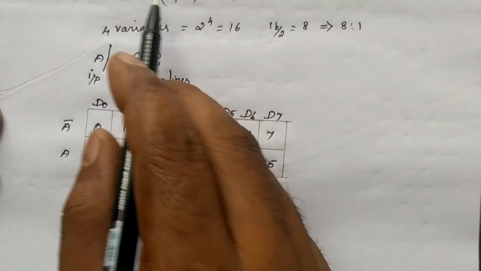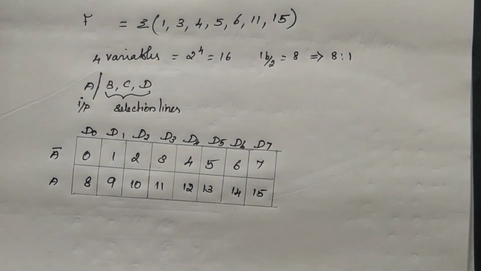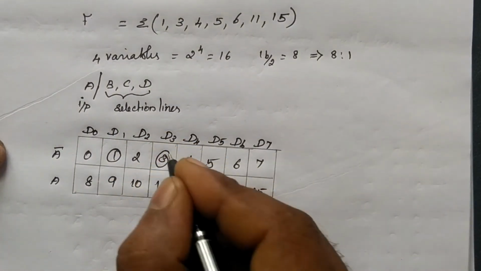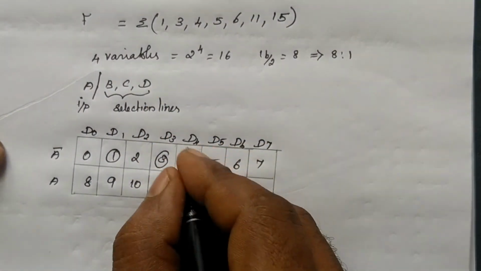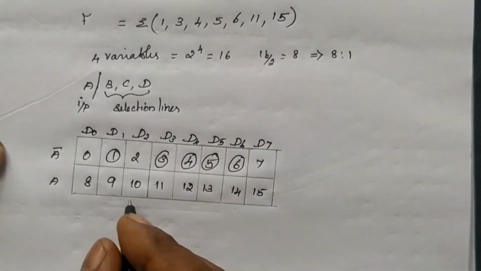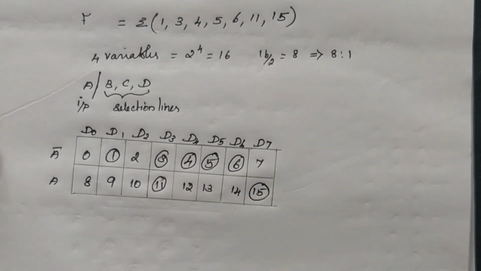And here the minterms are 1, then 3, then 4, 5, 6, then 11, and I have the value 15.